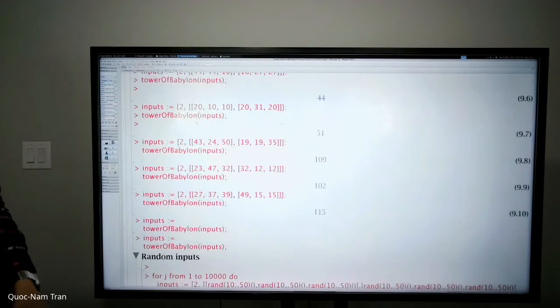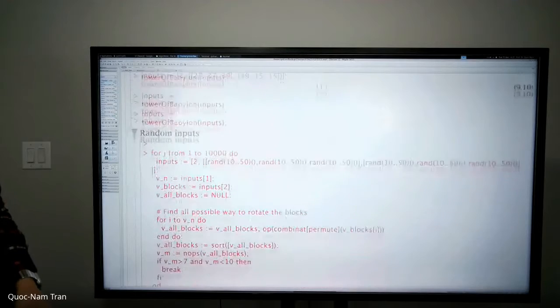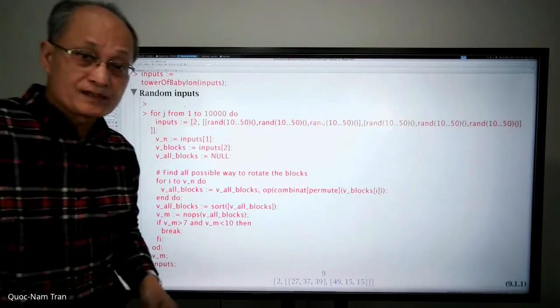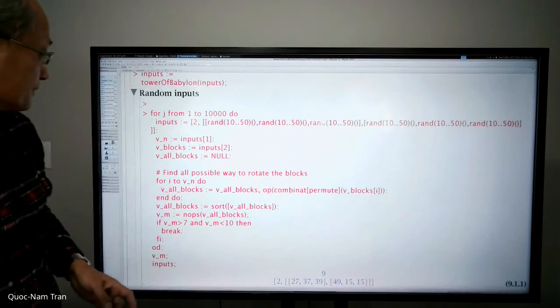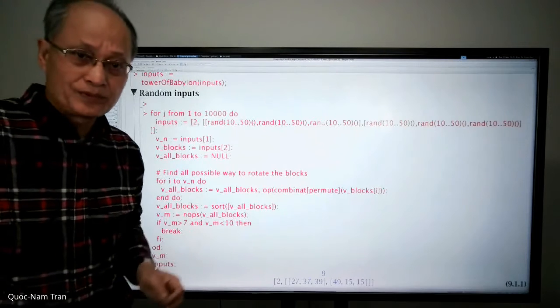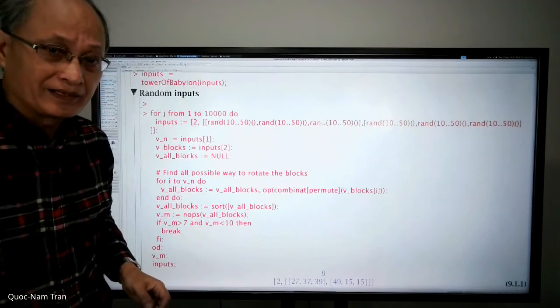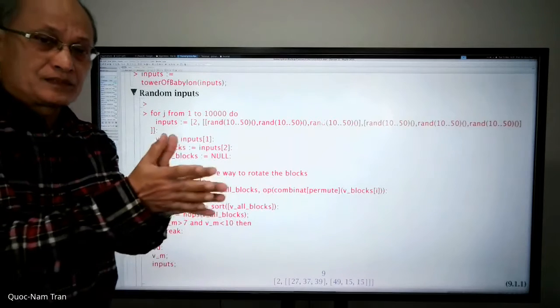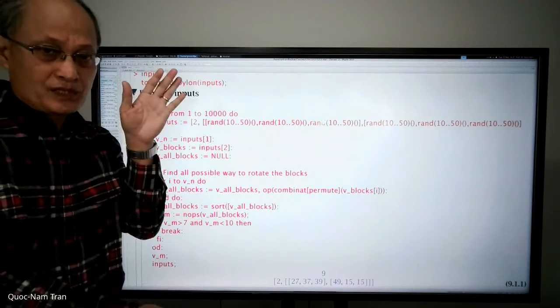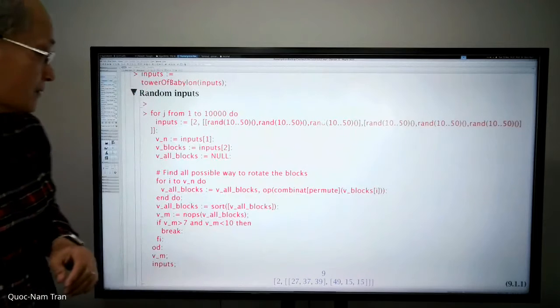Okay, now let's go through the steps. And by the way, I have a simple program that can generate a lot of inputs that I want. For example, I want to have how many positions of blocks.